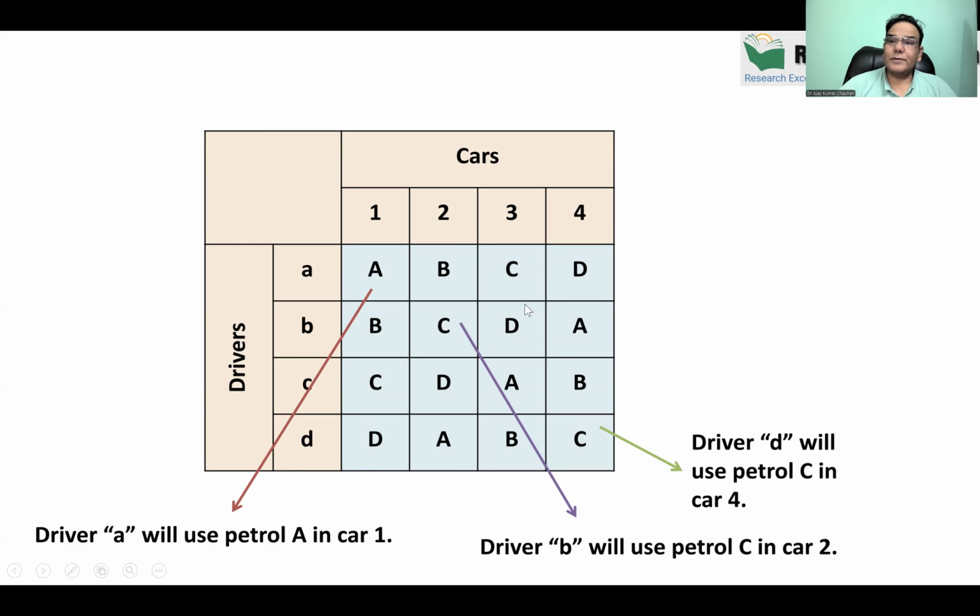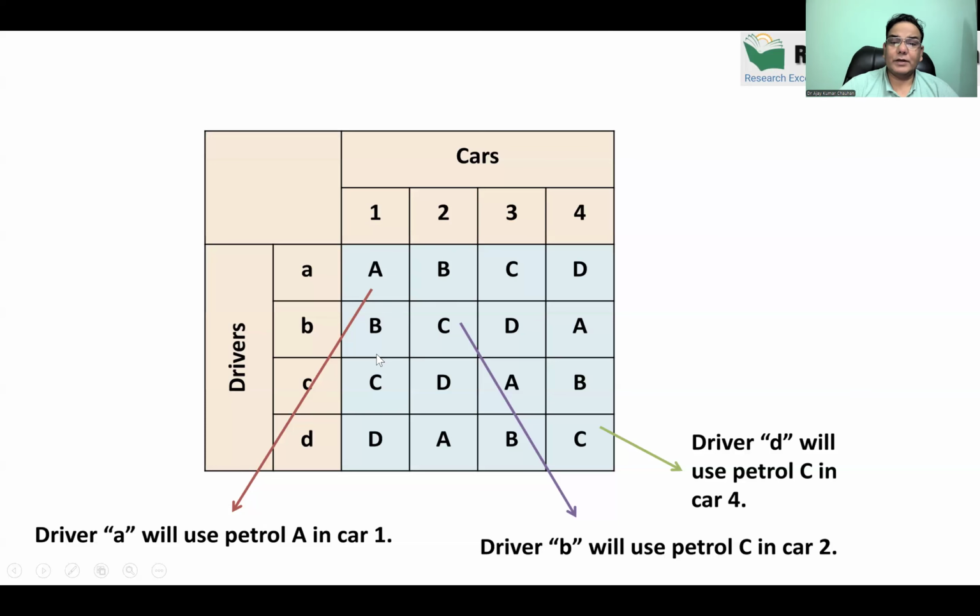So you can see that there are different types of combinations. For example, this combination is driver A using petrol A in car 1. Similarly, this is driver A using petrol B in car 2.